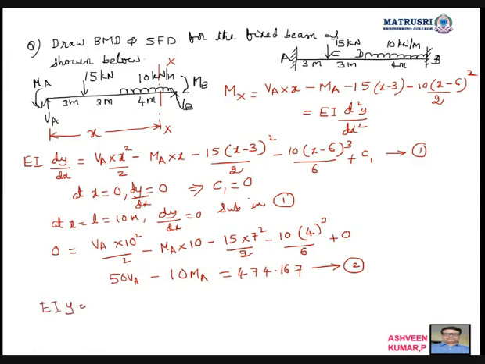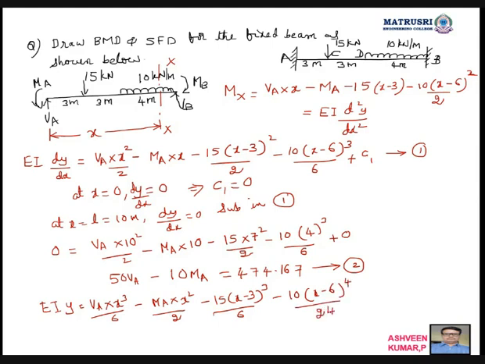EIy is equal to VA into x cube by 6, minus MA into x square by 2, minus 15 into x minus 3 whole cube by 6, minus 10 into x minus 6 whole to the power of 4 by 24.